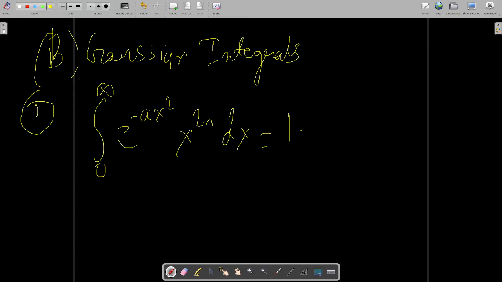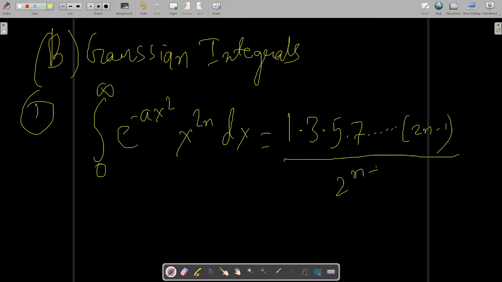It is equal to 1 into 3 into 5 into 7 and so on up to 2n minus 1, divided by 2 to the power n plus 1, and there is a term pi divided by a to the power 2n plus 1.